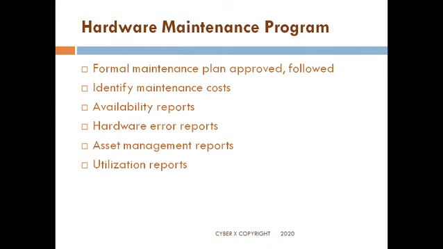Maintenance costs should be identified. Availability reports should be there. Hardware error reports should be there. Asset management, how the asset is used, should be there. And utilization, how much the asset has been utilized, should be there. When an IS auditor checks, all these points become important. But obviously it starts with understanding whether there is a plan, whether it's approved, and whether it's getting followed.